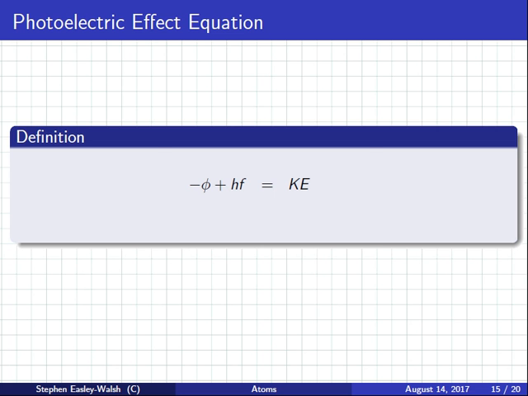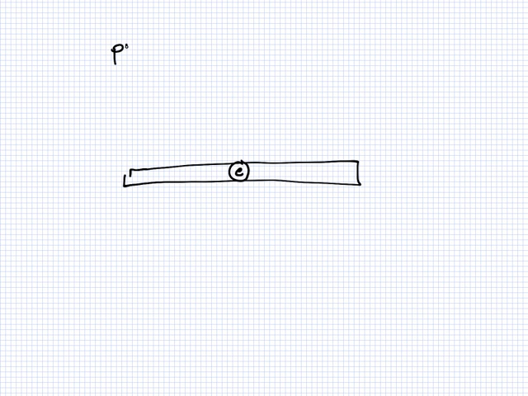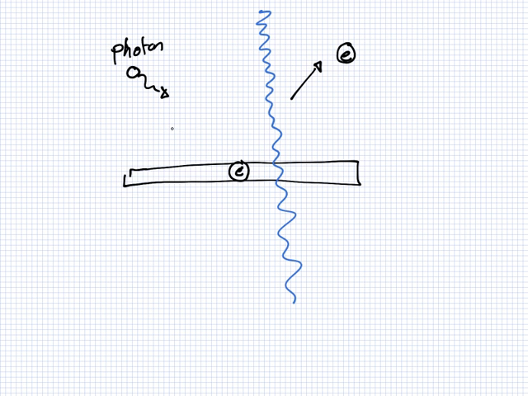So, on to a little bit of conservation of energy. Let's imagine we have the electron trapped here, and we have our photon here. It's coming in, and it hits this, and then out comes the electron. Okay, so if I draw a line here, in the before picture, what is the energy?